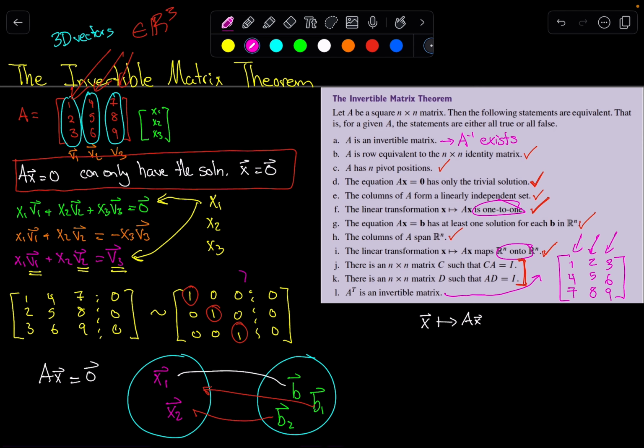I can just do some row operations and get the identity matrix, even if I rotate this 90 degrees and turn it on its side. So therefore, the transpose of A is also going to be invertible.